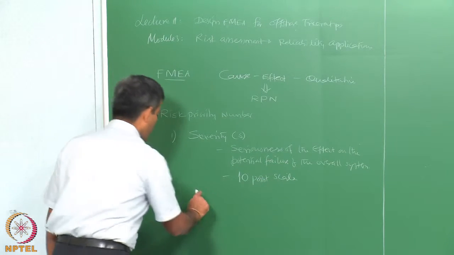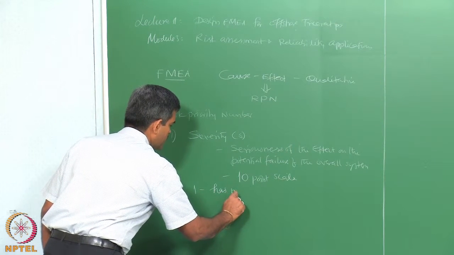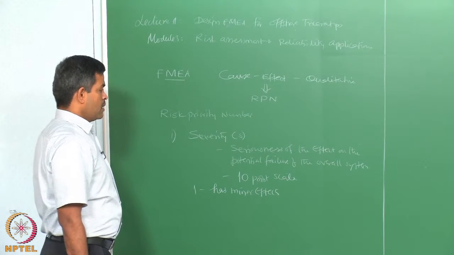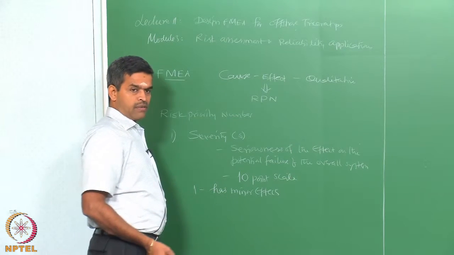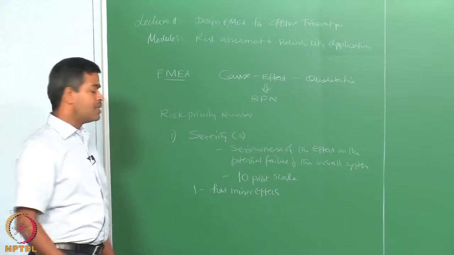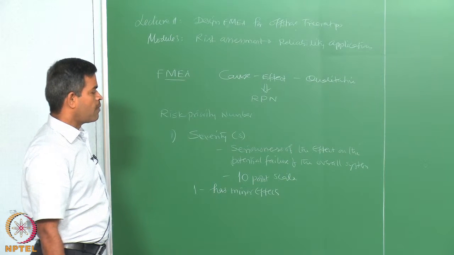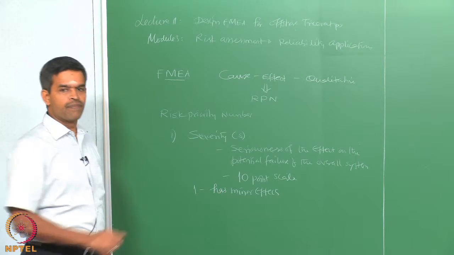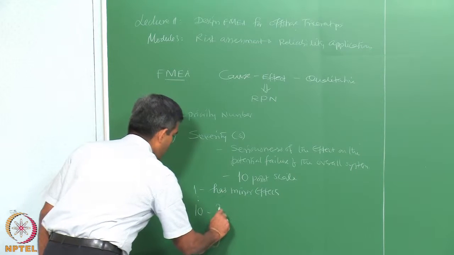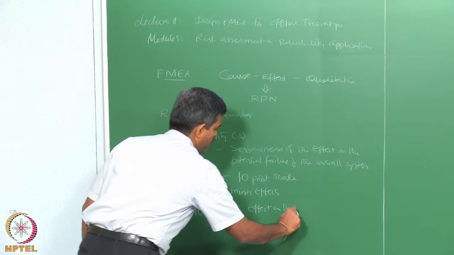Let us say severity 1 may indicate very minor effects, that is, the failure of a specific component will have a very minor effect on the overall failure of the system. On the other hand, the component's failure will not significantly affect the performance of a given system. 10 obviously indicates the maximum effect on the system.